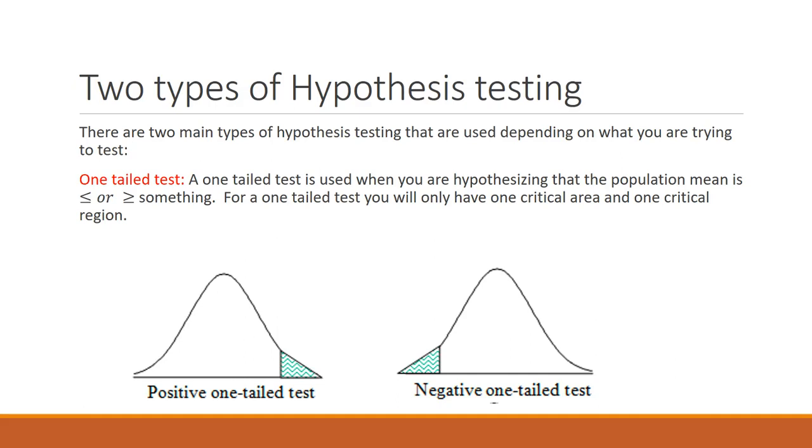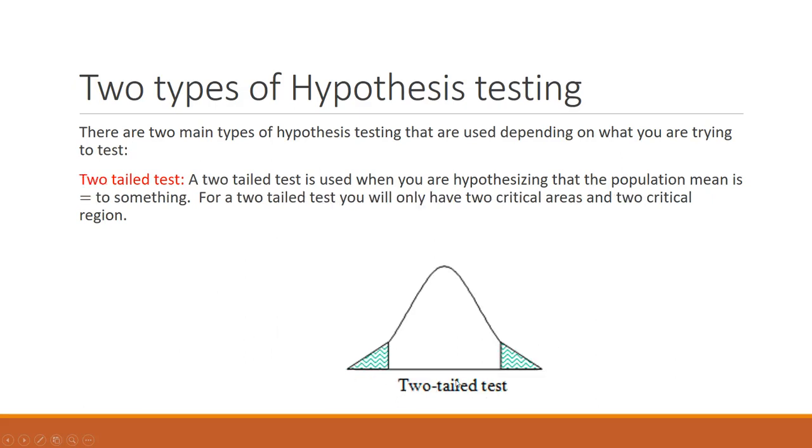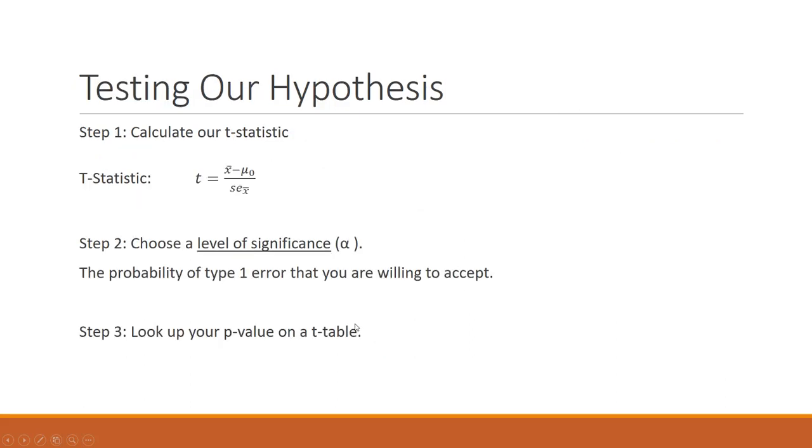We're measuring malaria, and we think that giving malaria-treated bed nets will reduce malaria. So then we would have a negative one-tailed test. A two-tailed test is where our alternative hypothesis is just that the null hypothesis isn't true. It could be bigger, it could be smaller, but it's just not true. That's a two-tailed test. All right.